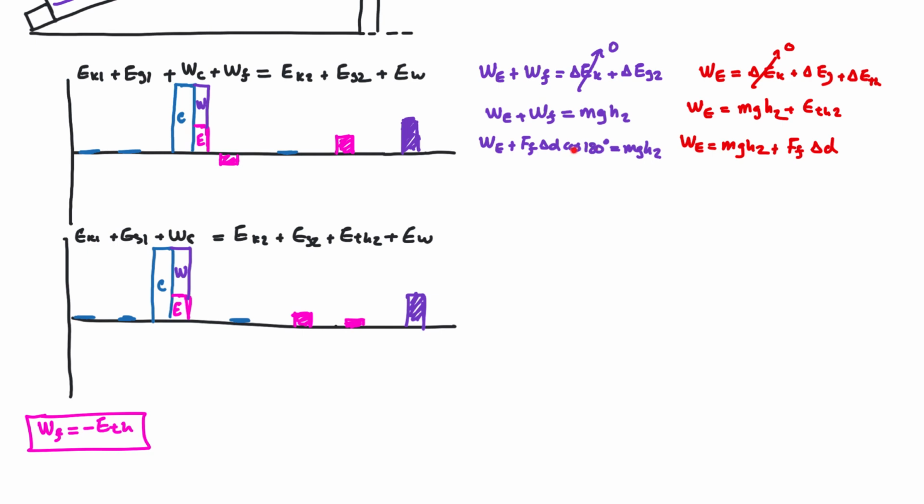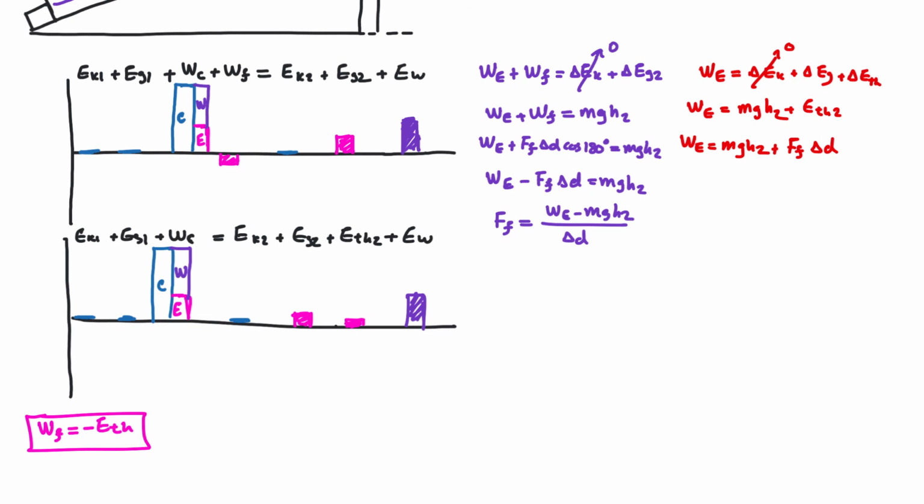And I know that cosine of 180 is -1, so I will end up getting WE minus force of friction times displacement is equal to mgh2. Note that these two equations are exactly the same. In fact, I'm going to rearrange both for force of friction. So force of friction is going to equal WE minus mgh2 divided by the distance.